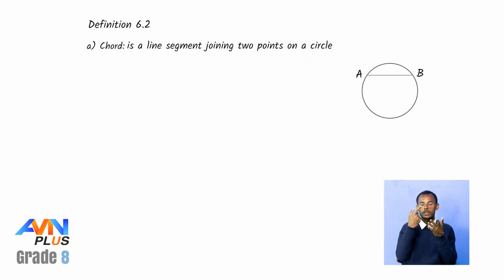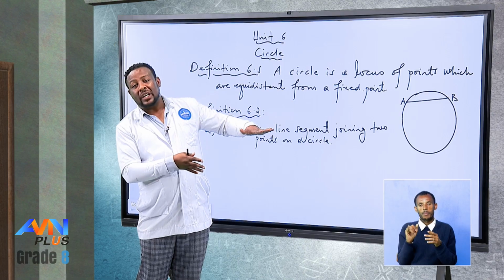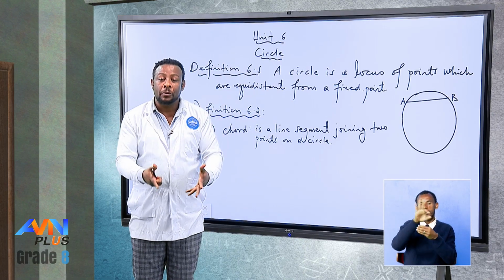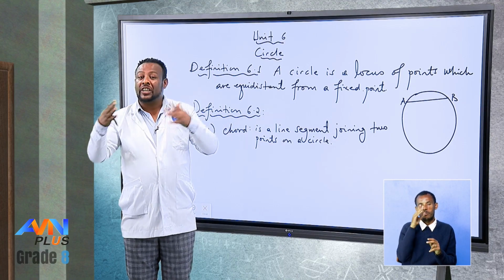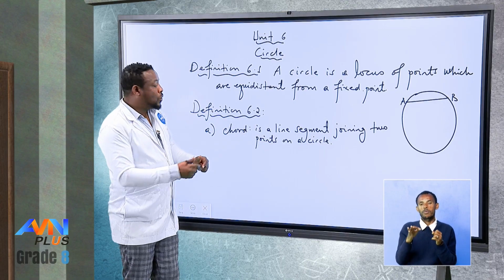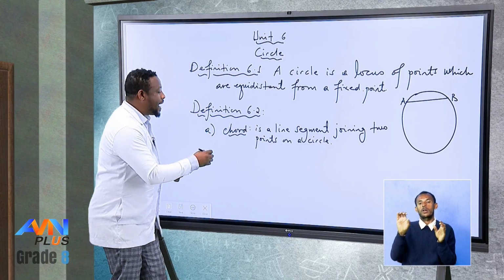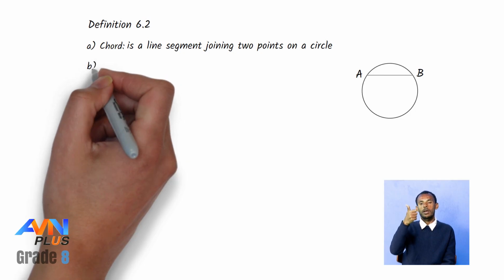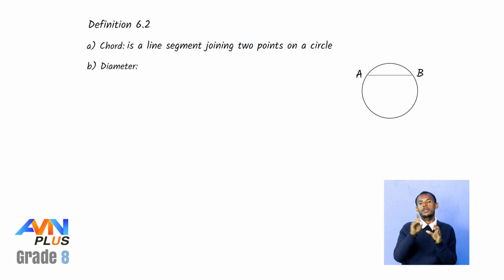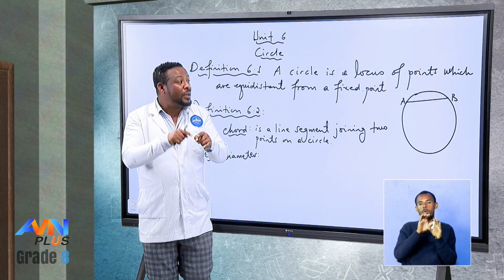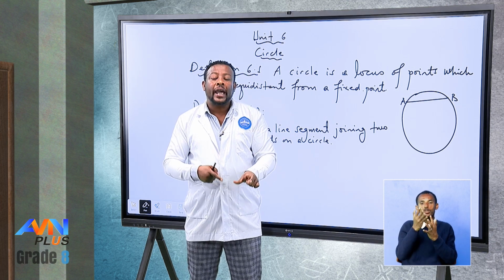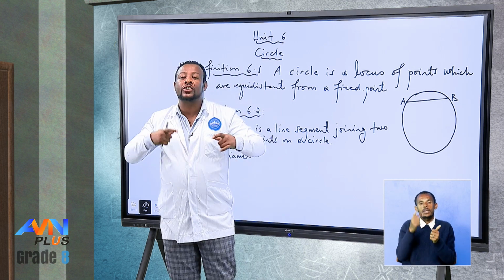This is one of the terminologies that we need to be familiar with, because knowing all the terminologies of the circle is very important for the discussion that we will have next. So one of the terminologies is a chord. The second one is a diameter. The diameter of a circle is also a chord, but a diameter is a line segment passing through the center, which is assumed to be the largest chord.